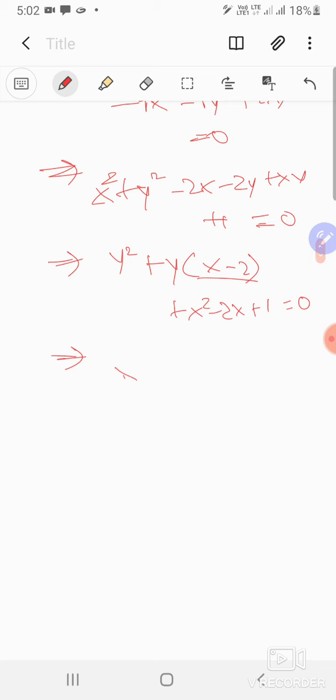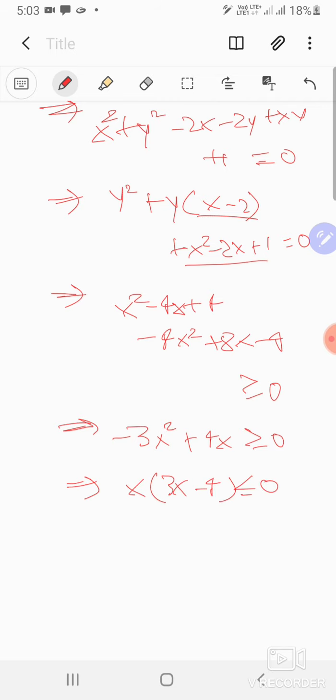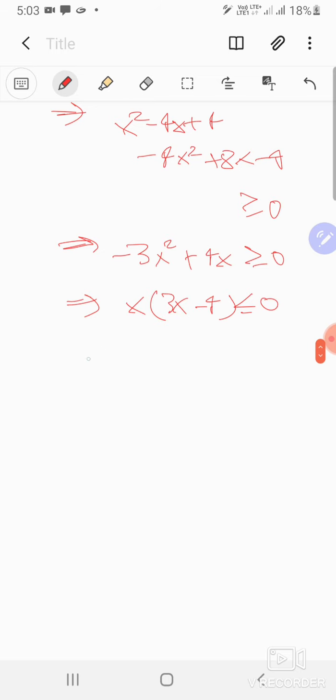So now let's take the discriminant: x squared minus 4x plus 4, minus 4 times this thing, so minus 4x squared plus 8x minus 4, has to be greater than or equal to 0 because y is a real number. That tells me minus 3x squared plus 4x has to be greater than or equal to 0. So x times (3x minus 4) has to be less than or equal to 0. Multiply by negative 1. So that gives me x belongs to 0 to 4 by 3.